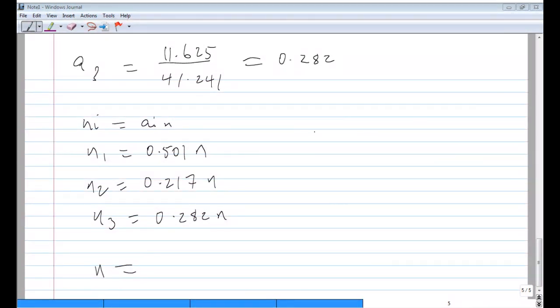Let me just write it here with enough space. n is equal to the summation, i ranging from 1 up to 3, of Ni squared pi qi.